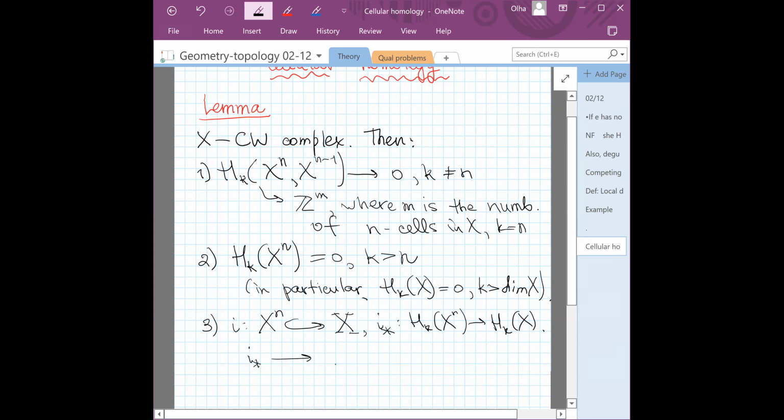For k less than n, this is going to be an isomorphism, and if k is equal to n, then we don't know that much, but it's going to be surjective.